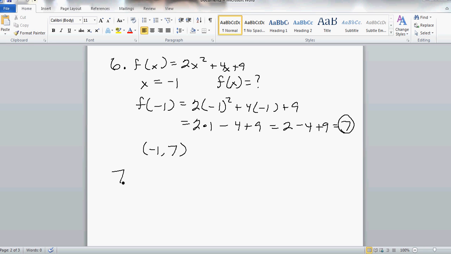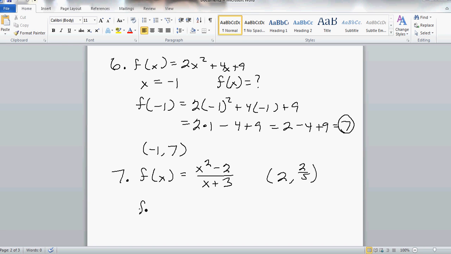Example number 7. We are given the function f of x equals (x squared minus 2) over (x plus 3). And we're asked, is the point (2, 2/5) on the graph? Well, we're asking if we plug in 2 for x, do we get 2/5?